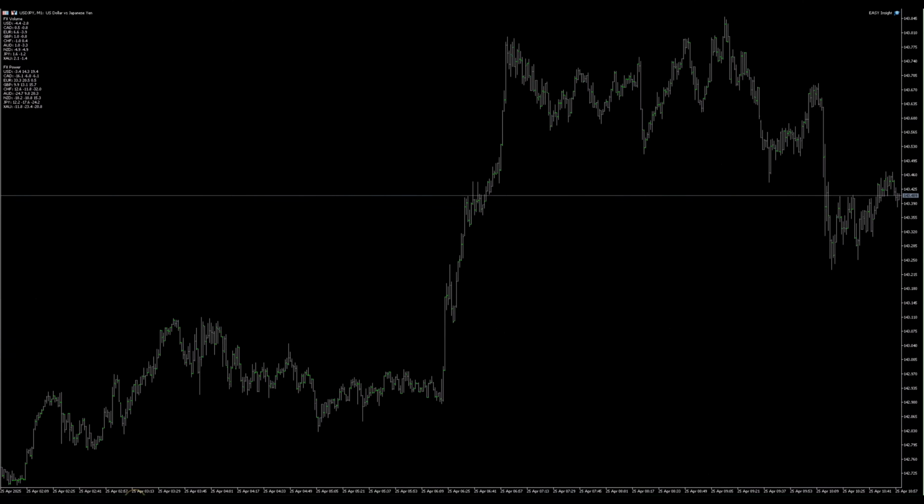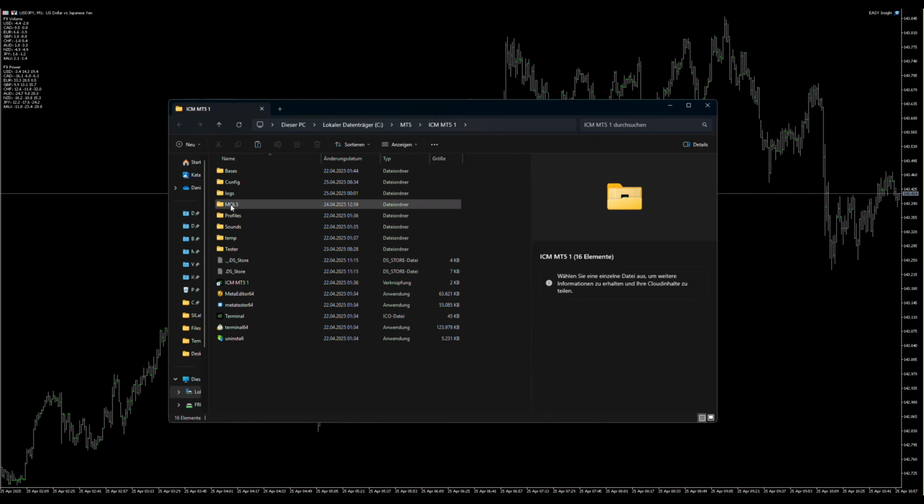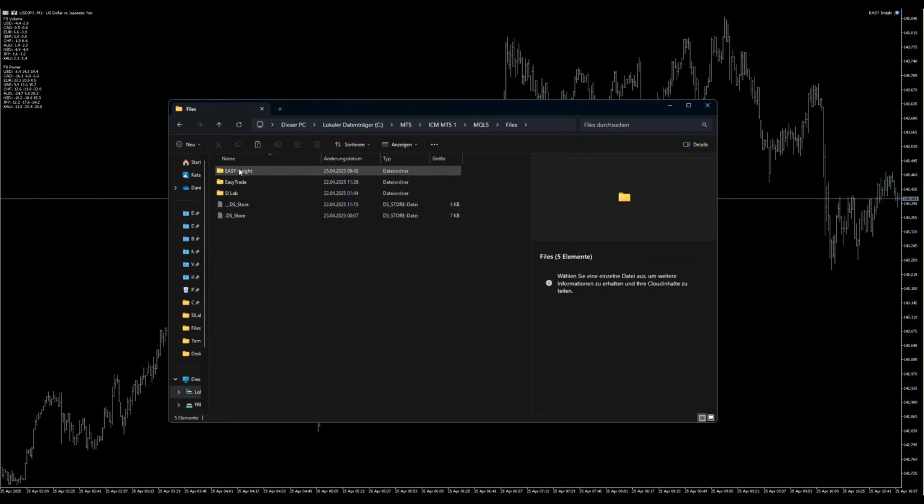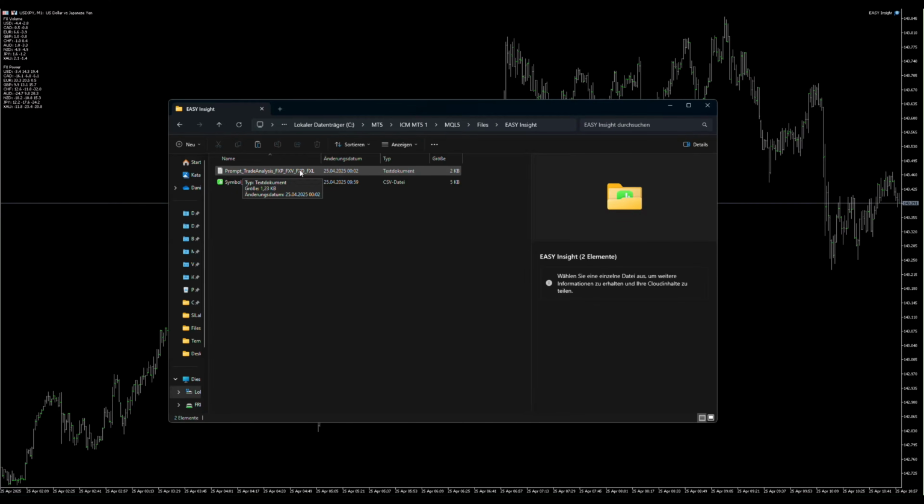And we do that with an export tool here, and this saves a data file in your terminal folder here under MQL files. In this example, there is a subfolder called EasyInsight, like this tool, and then you get a text file with the AI prompt depending on the selection of indicators you enabled, and the data file that contains all the information you need to send to the AI.